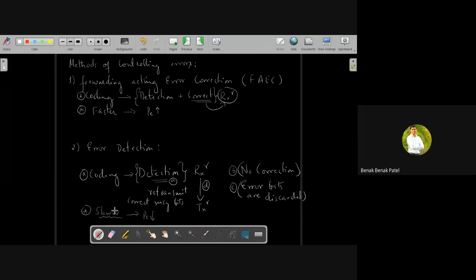Thereby this is slower in nature, but its probability of error is lesser compared to the forward acting error correction method. So these are the two methods that we have.